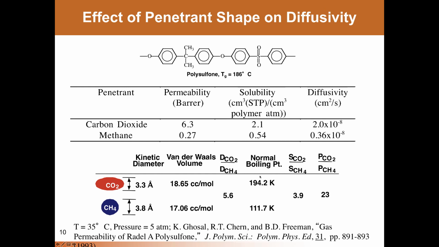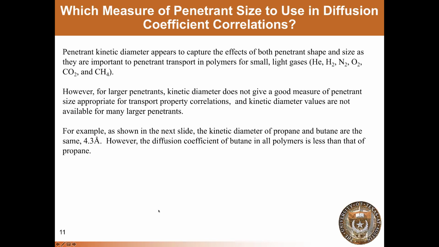We showed this slide a bit earlier, showing how CO2, although it has much higher molecular weight than methane, actually diffuses much faster because it's believed to diffuse primarily via diffusion steps in its narrow cross section, which is only about 3.3 angstroms relative to methane, which is about 3.8 angstroms.